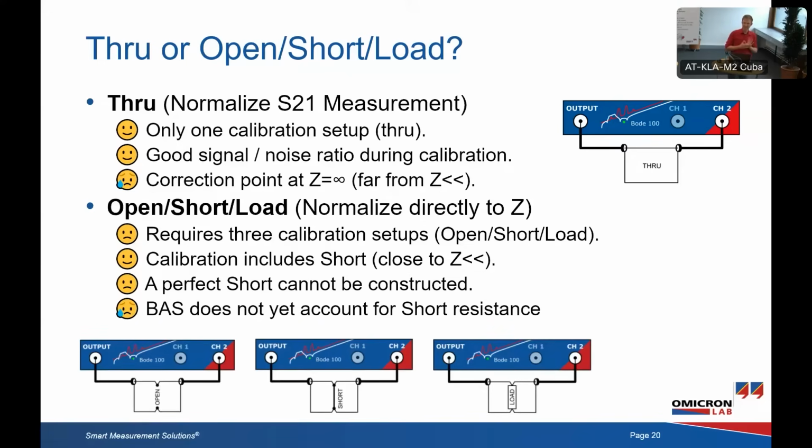The disadvantage is it includes a short, and the perfect short cannot be constructed. So this advantage can quickly become a disadvantage if you want to measure very low impedance values. And the Bode analyzer suite does not yet account for the resistance of the short. So the 3 setups are depicted below: open, short, and load, always between signal and ground.